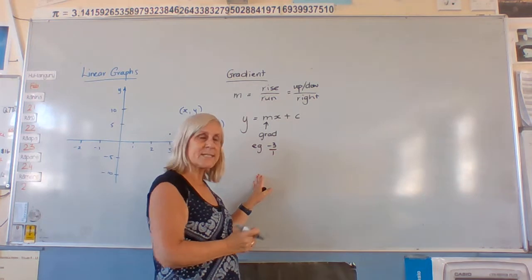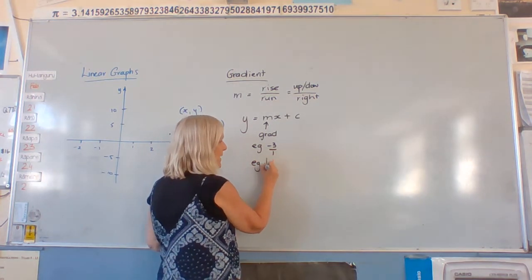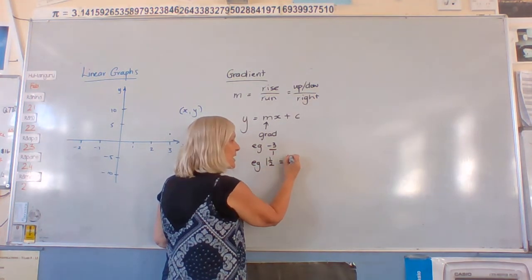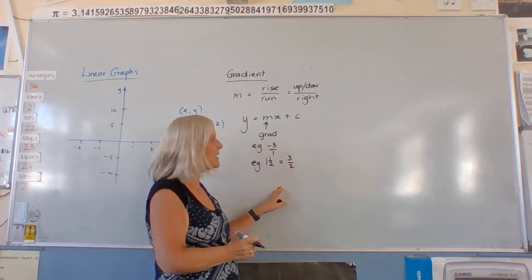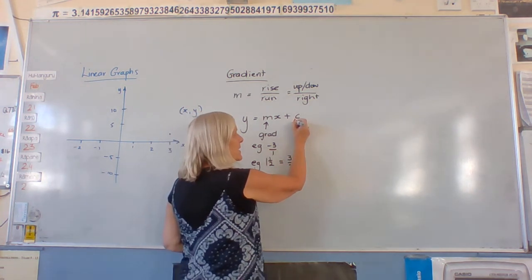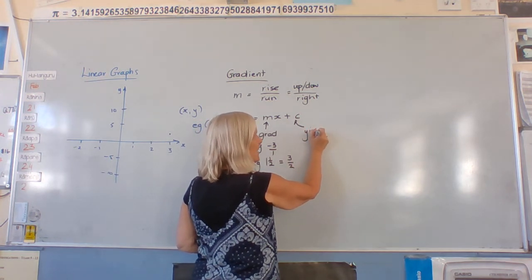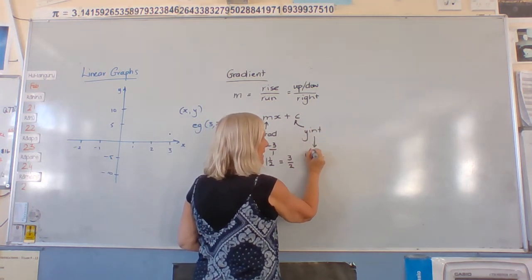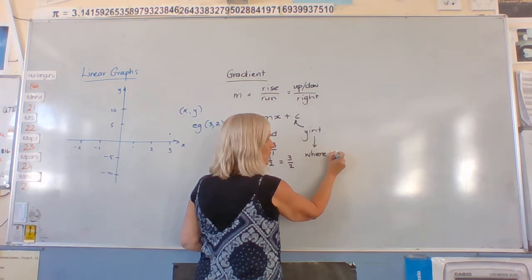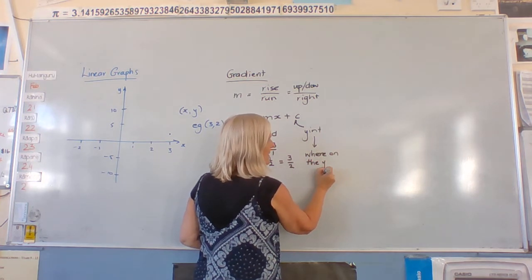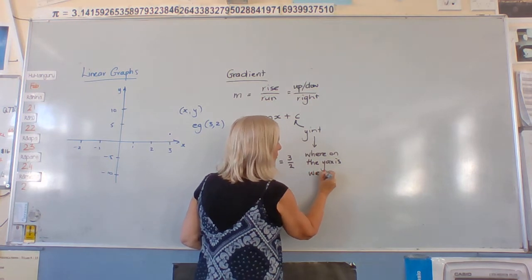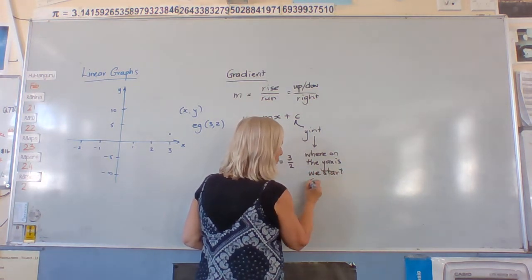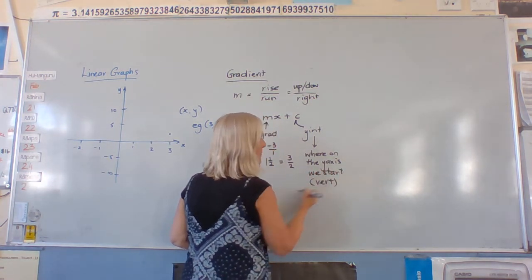If it's a mixed number, so let's say it was 1.5, we need to change that into 3 over 2. All right, so we learnt that back in year 9. This one is our y-intercept. So it says where on the y-axis we start. Now remember that the y-axis is the vertical one, so up and down.